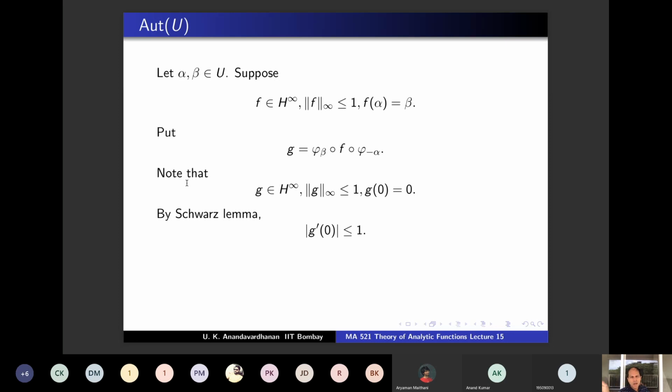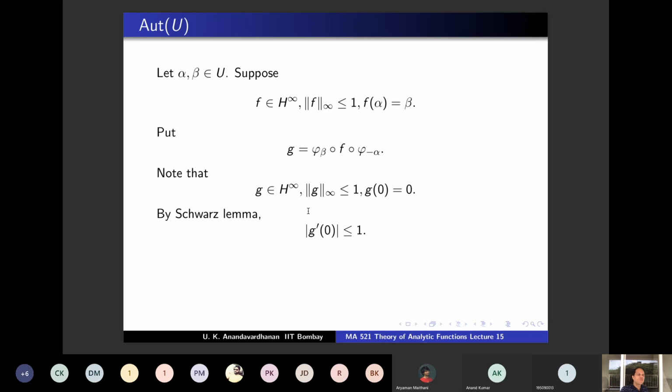We will get something else, and that is called the Schwarz-Pick lemma, which I am going to leave as an exercise in the last slide. Exactly this particular g, by Schwarz lemma, you could have concluded mod g of z is less than or equal to mod z, and you could have asked what is the meaning of that, and what you get as the answer is what is called the Schwarz-Pick lemma.